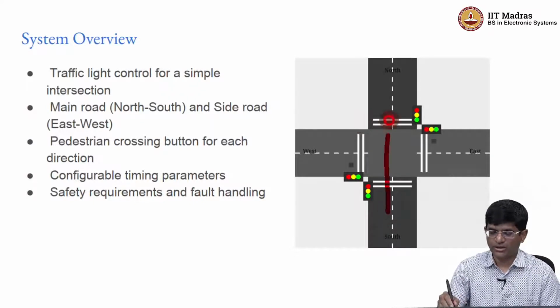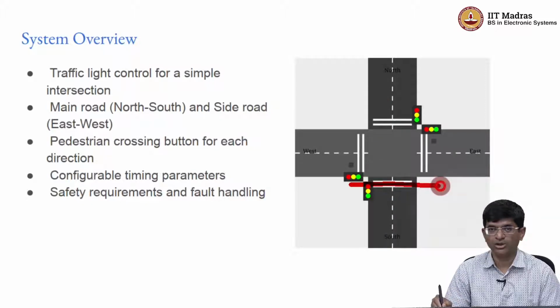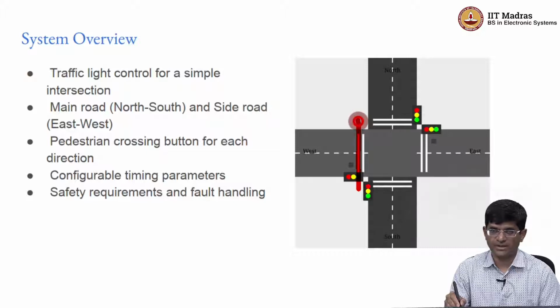But when you have an active green on north-south, I should definitely not have a walk signal allowing people to cross from east to west or west to east. Similarly, if the east-west traffic is active, my walk north-south should not be active, and vice versa. Another thing I can be clear about is I cannot have green for north-south as well as east-west at the same time.